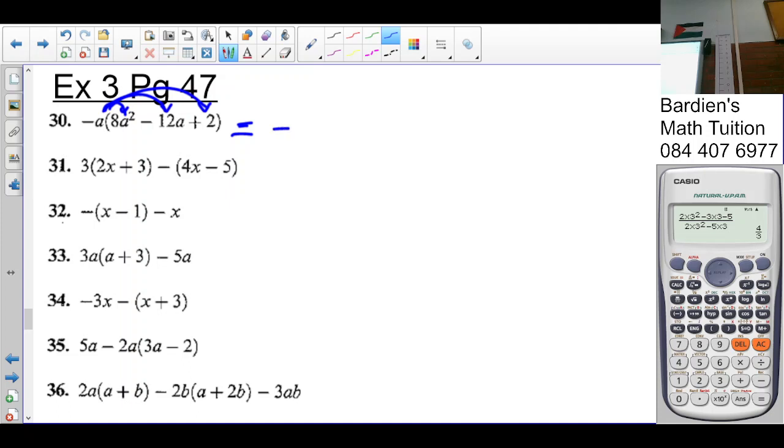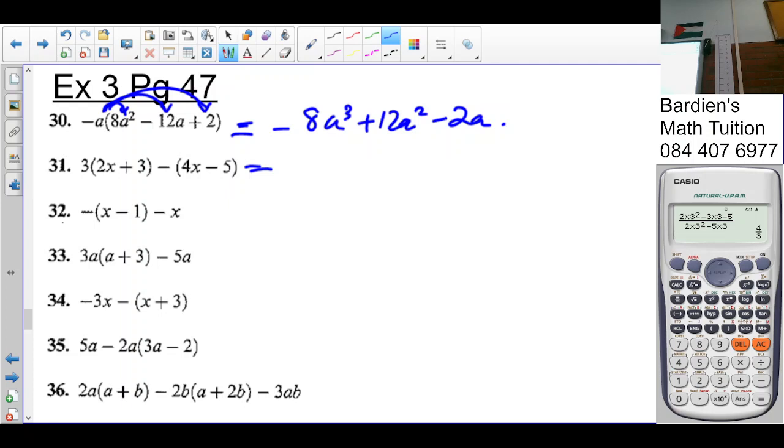Negative 8, nice. Carry on. Plus 12 is squared, yes? Minus 2. You all agree with that? Yes. Right, you copied well. Carry on. Okay, yes. Next.